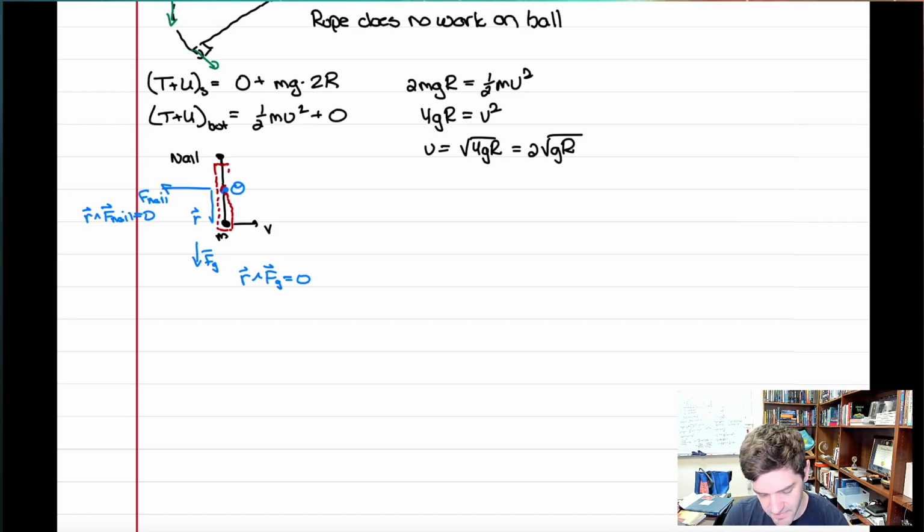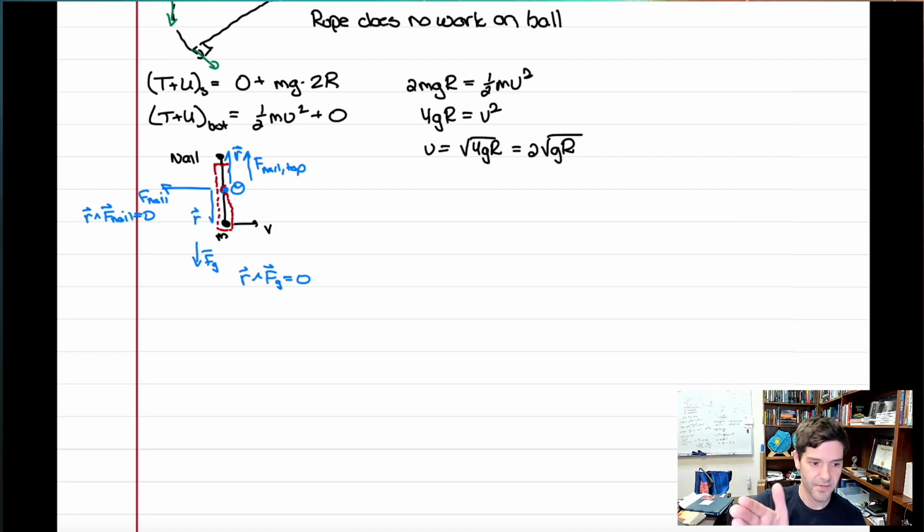Then what about the top nail? Well, again, the position vector is here, and the nail is also exerting a force, holding everything up. So the force from the top nail is also going to be pointing straight up. That cross product is also going to vanish because they are, in this case, parallel instead of anti-parallel from one another. So at this point, immediately before and after the collision with the nail, there is no net external torque.